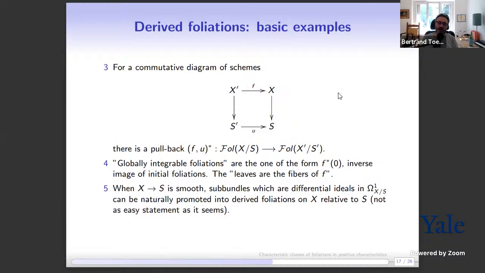You have to work quite a bit to prove that, actually, but it's a theorem. So you can see these differential ideals as derived foliations in the sense I just gave. I'm not going to insist on this, but maybe there is a simple proof, but I couldn't find any simple proof.